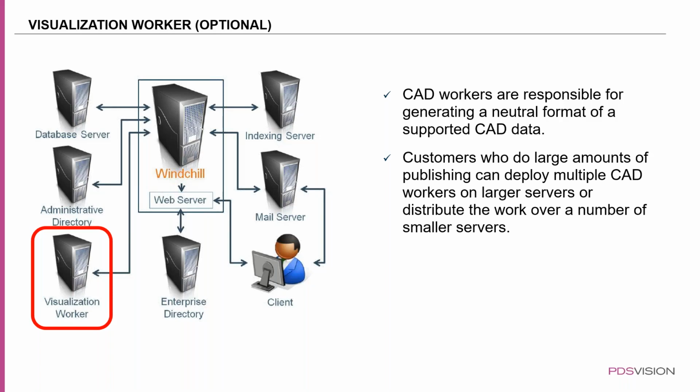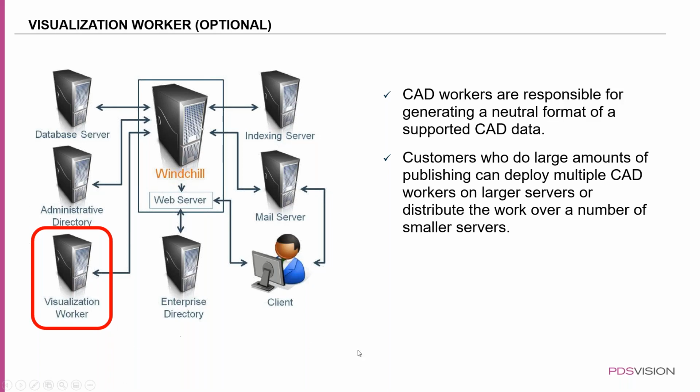We can use a viewer like Creo View to open up models, mark those models up with red lines, and then save those red lines back into Windchill.